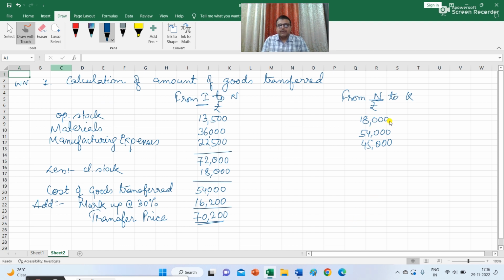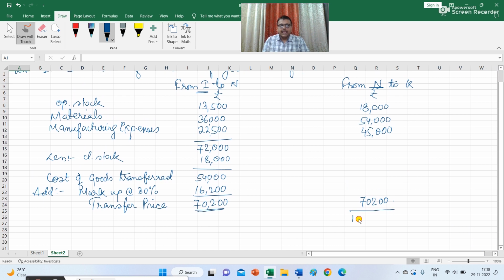So opening stock of Department N was 18,000, material consumed 54,000, manufacturing expense 45,000, and transfer price from Department I to N is 70,200. If we add up these four values, we will get 1,87,200. From this figure, we have to reduce the amount of closing stock.